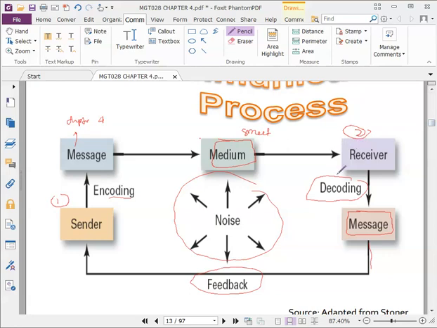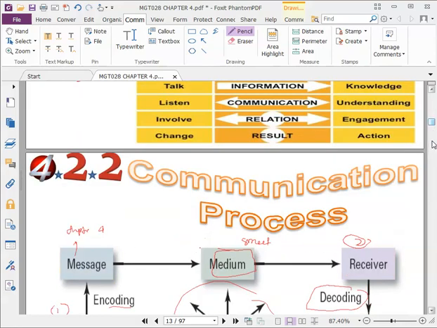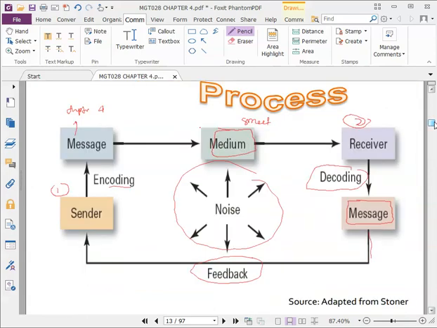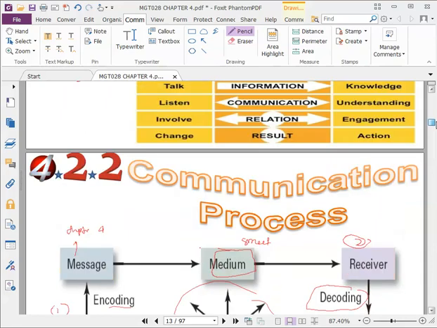Okay, medium WhatsApp pun ada juga, sama juga, communication process. Okay, selain kita cakap face to face, okay, menggunakan sistem yang lain-lain pun dia adalah communication process. Kalau dia ada pertukaran information, okay. So itu proses untuk communication.